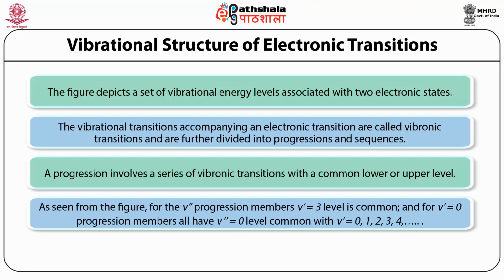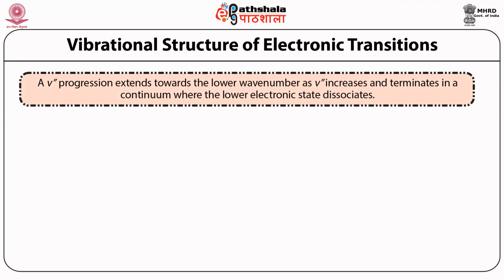with ν' = 0, 1, 2, 3, 4, etc. A ν'' progression extends towards the lower wave number as ν'' increases and terminates in a continuum where the lower electronic state dissociates.